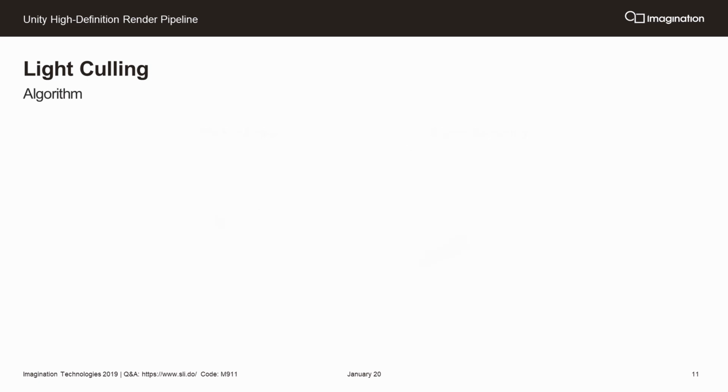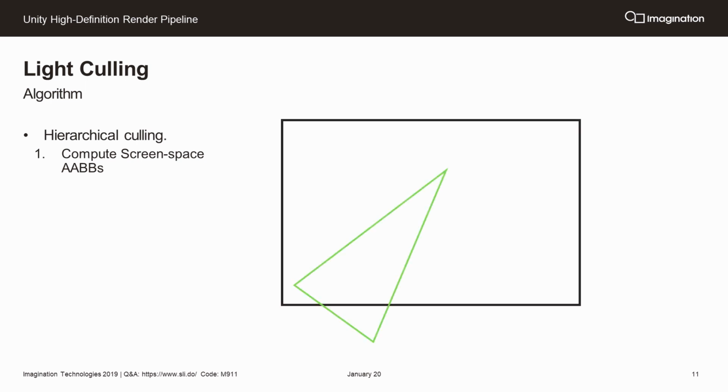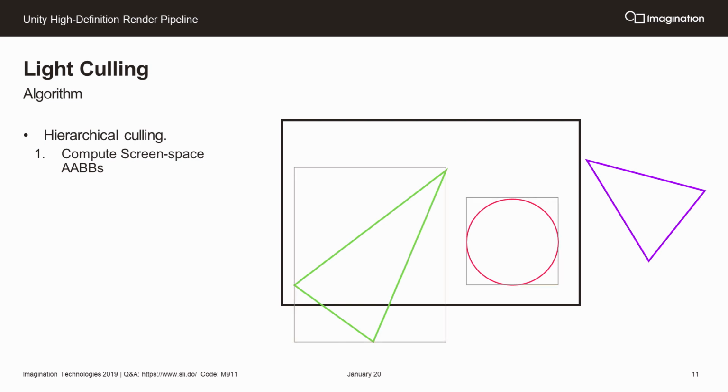So Unity is taking a hierarchical approach to culling. Now, before starting, lights are frustum culled on the CPU side. And once they are passed over to the GPU, they are first run through a compute shader that computes screen space AABBs for these lights. So here you can see a spotlight, a point light, and a secondary spotlight, and we are computing the AABBs for these lights.